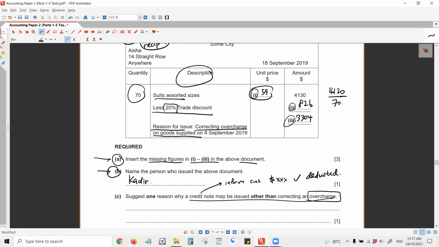If the supplier has overcharged the customer, and once they have realized it, they will inform customers how much can be deducted. So in what other situations would you inform customers how much can be deducted? Let's say customers have returned some goods.